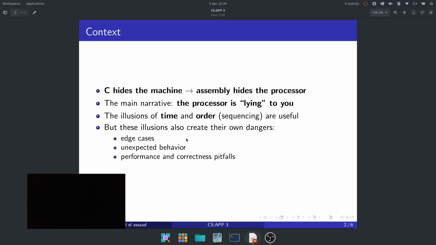The main lie is the problem of time, or rather sequencing. These essentially are the same thing. As I explained, electrons move randomly all around, and the processor tames these behaviors into something workable and presents an illusion of sequence.